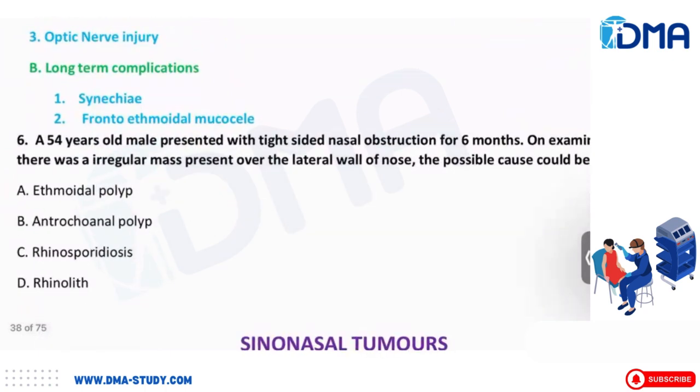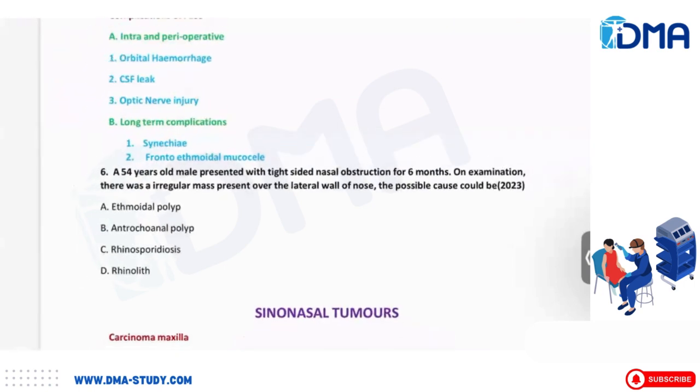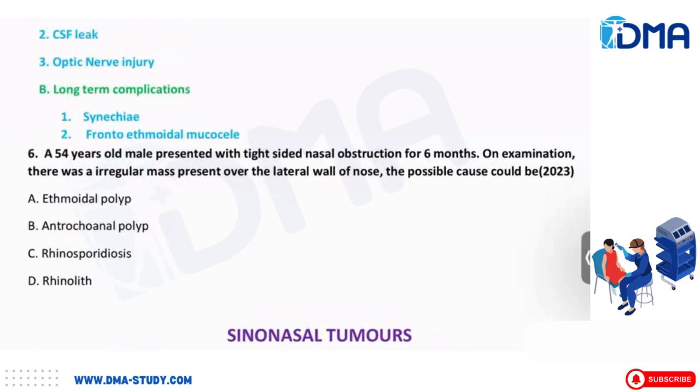A 54-year-old male presents with right side nasal obstruction. On examination, an irregular mass is present over the lateral wall of the nose. The possible cause could be... Okay, what is the answer? Right side nasal obstruction, 6 months. Examination, irregular mass. What is the irregular mass among these?